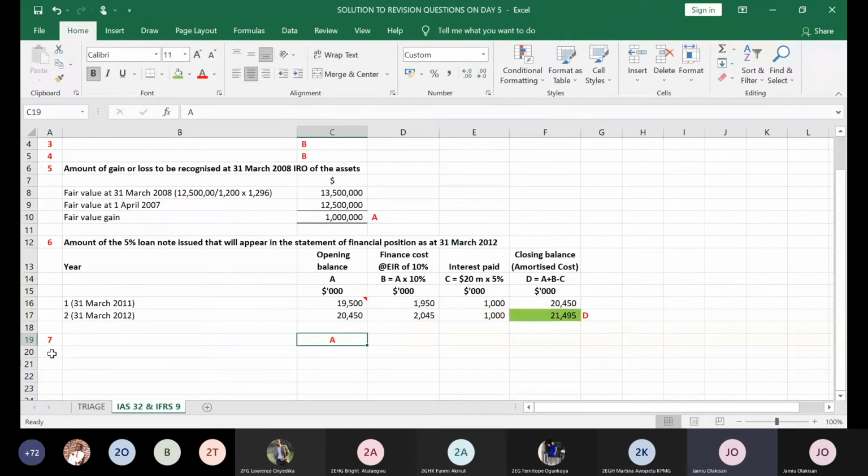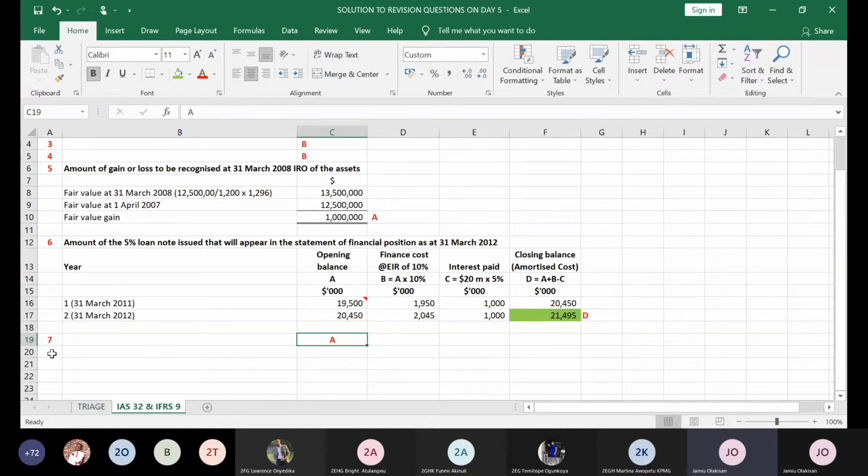Another one is if you received information after the end of the year that shows that an asset existing at the end of the reporting period has been impaired, e.g., if a debtor existing at the end of the year was declared bankrupt before the financial statements were authorized for issue, then you should go back and adjust the receivable, because the belief of the ISB is that the event that led to the debtor being declared bankrupt did not occur suddenly after the end of the year. It has always been there before the end of the year, but you did not see it.